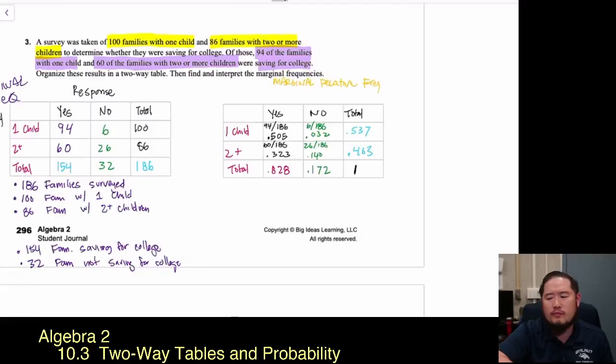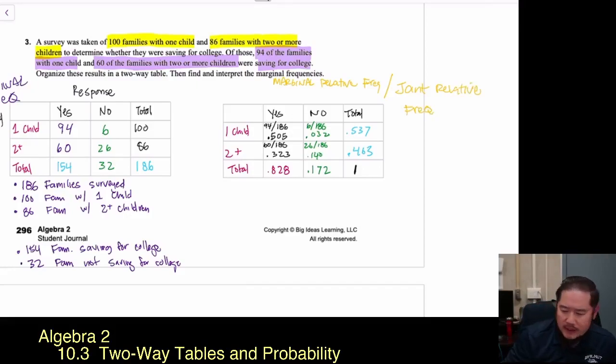And actually, one more thing right here. In number 3, we actually found the marginal relative frequency and also the joint relative frequency as well.